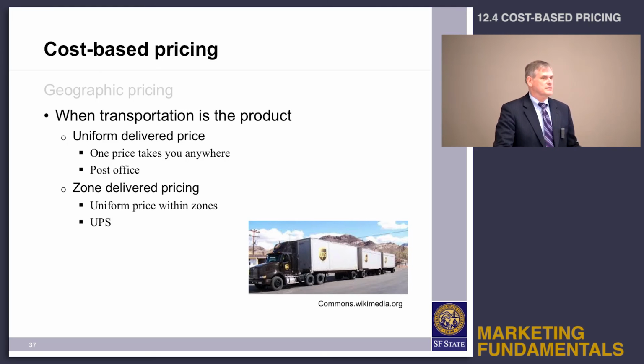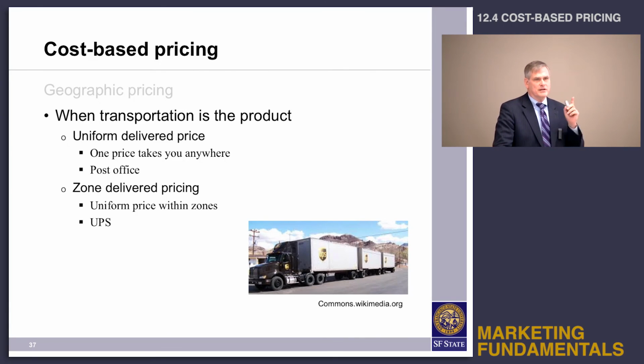Zone delivered pricing is where I will have price tiers based on the different costs of service. So when I ride BART rather than Muni, how much does it cost to go from Civic Center to Embarcadero? Somebody actually knows? Yeah, it's $1.95 one way between stations.